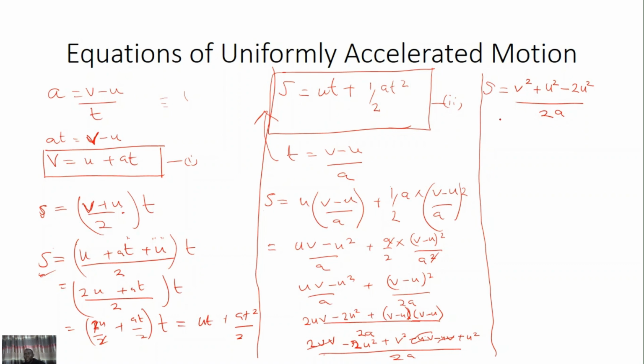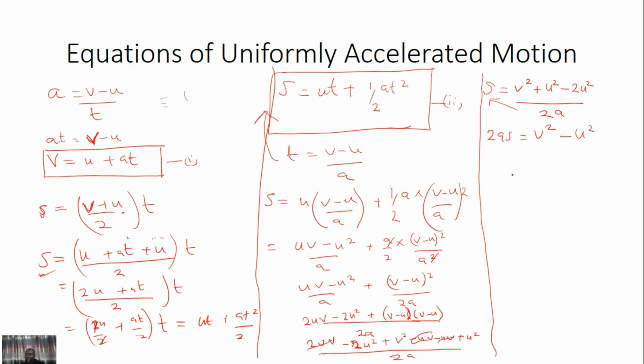So u squared minus 2u squared is going to give us minus u squared. Let's bring this to the side. That will be 2as = v squared minus u squared.